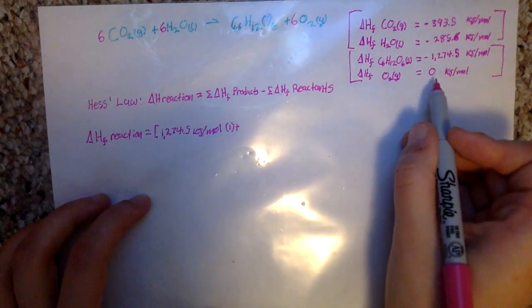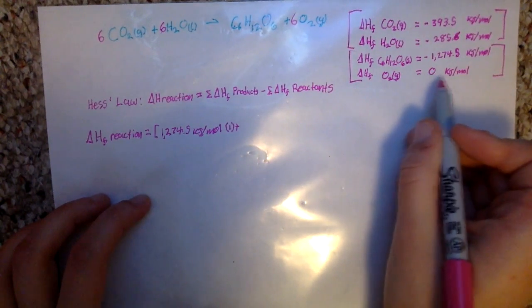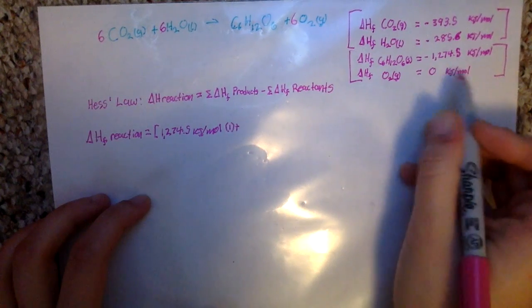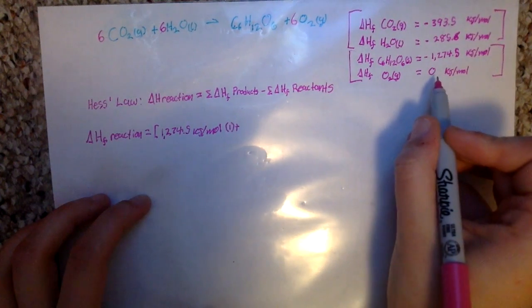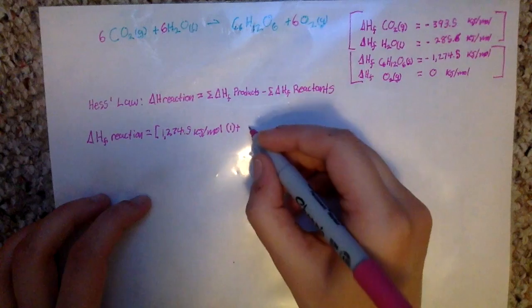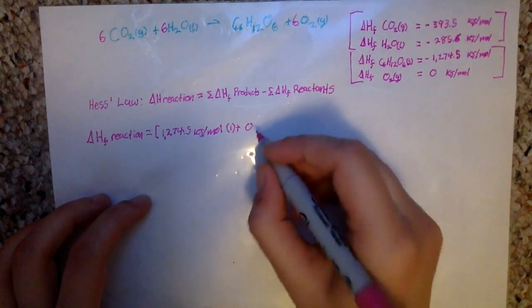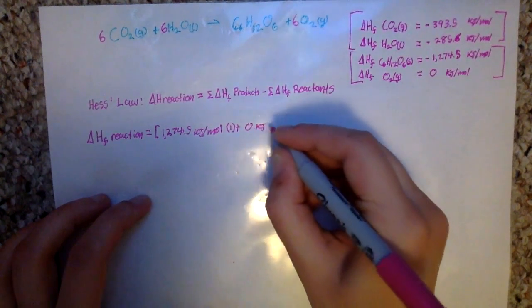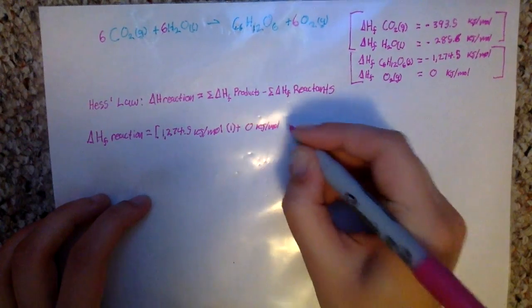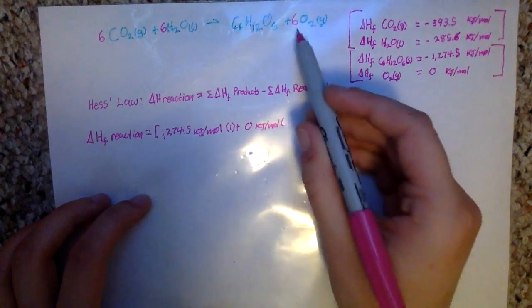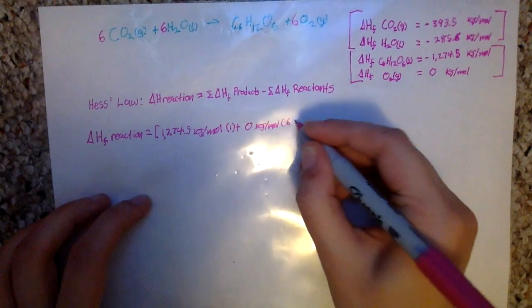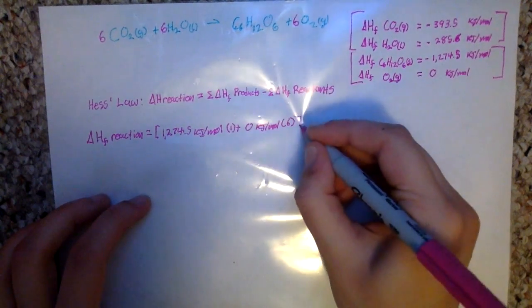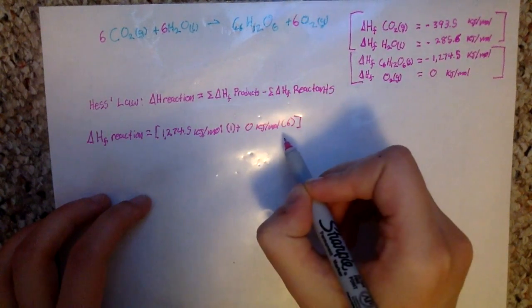And so here we notice that we really don't have any energy involved in this enthalpy of formation. So oxygen is just going to be 0 kilojoules per mole times 6 moles. Okay, and so that's our products.